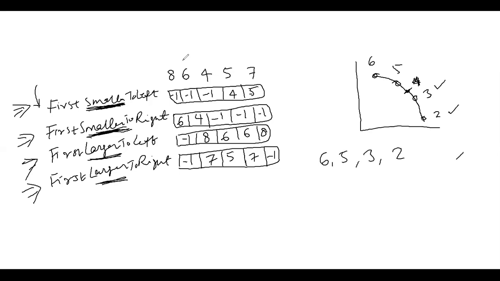When 4 made the entry, it popped out 2, popped out 3, and before it got inserted, it can look at the leftmost guy and say, hey, 5 is the first larger towards my left. So for 4, this value will be 5.